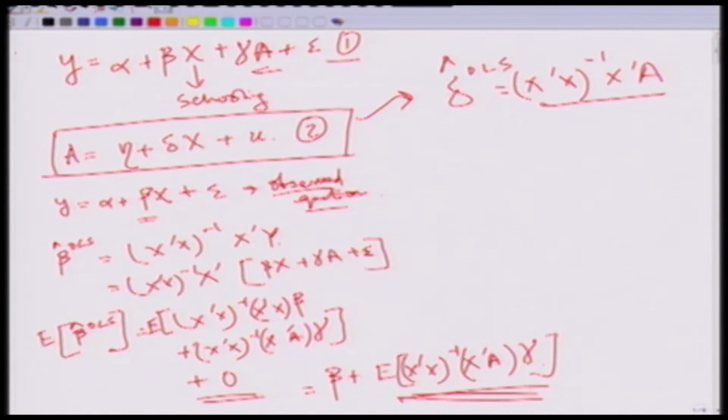So we can write this as β plus δγ. The expected value of beta hat OLS is equal to the true value of β plus this term δγ.